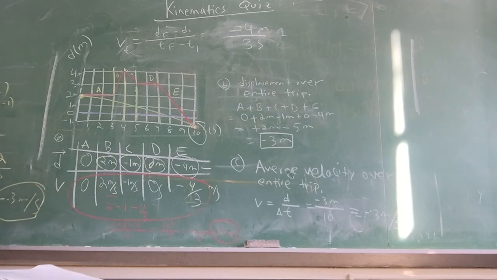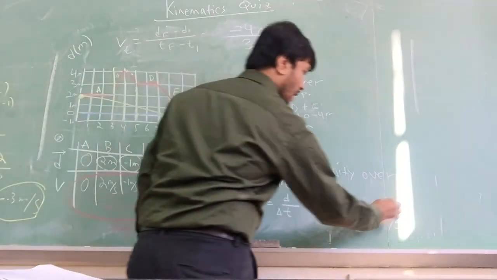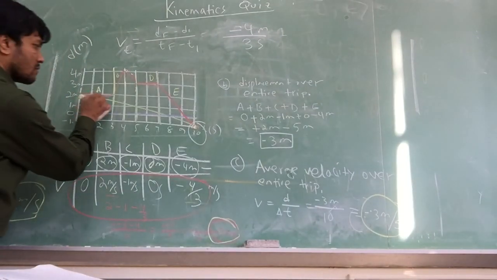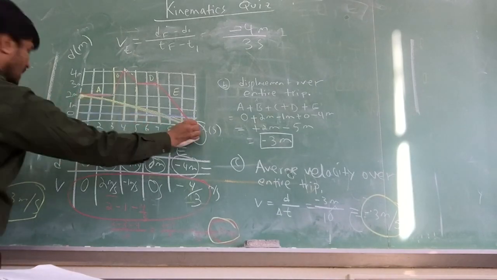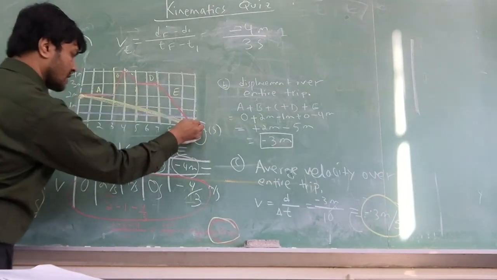So you can get it one way, two ways, and three ways. By drawing a diagonal line from beginning to end, you can find the slope of this diagonal line.